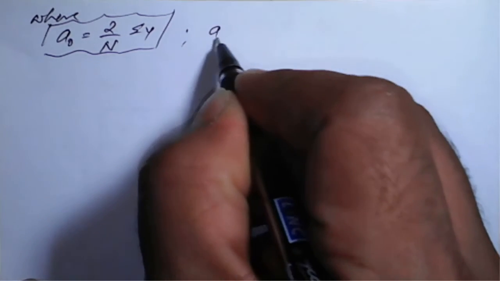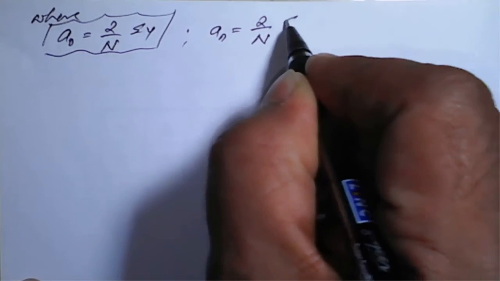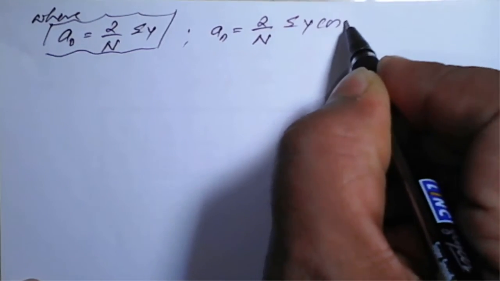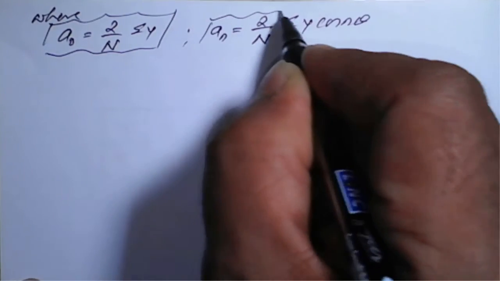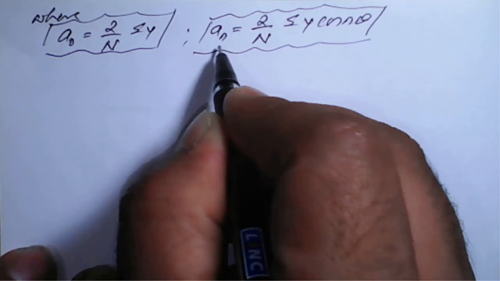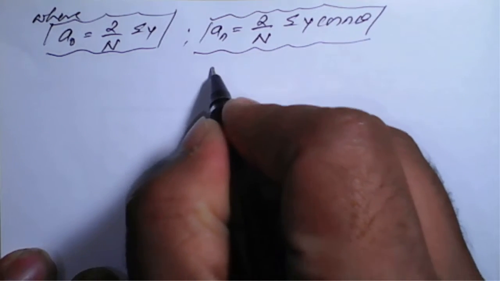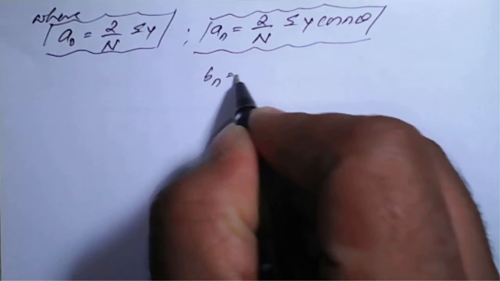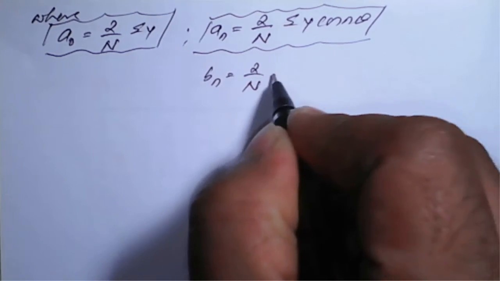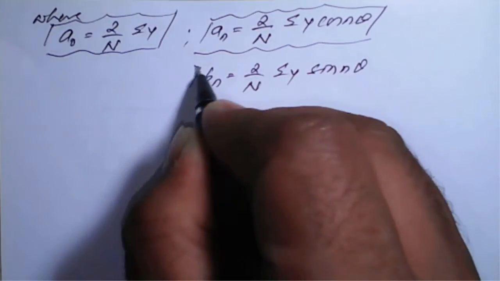The general an is given by 2 upon N summation of y cos of n theta, because if we put n equal to 1 we get cos theta, and if n equal to 2 we get cos 2 theta. Similarly, the general bn is 2 upon capital N summation y sin of n theta.